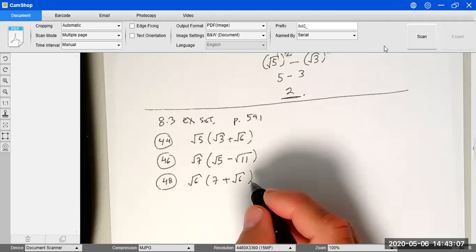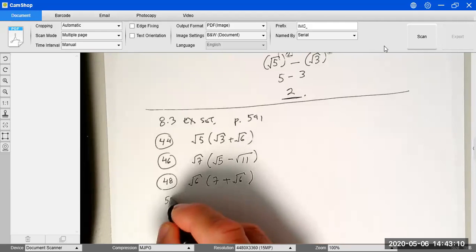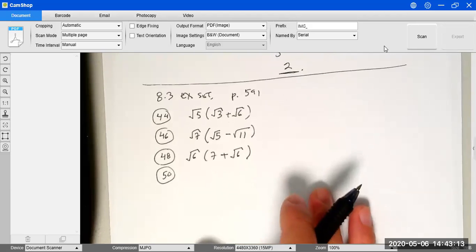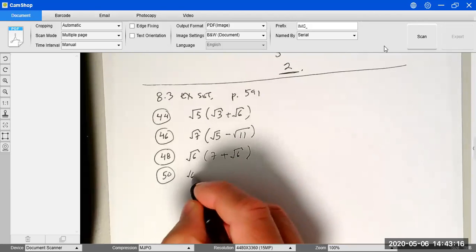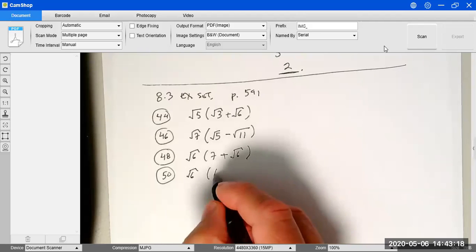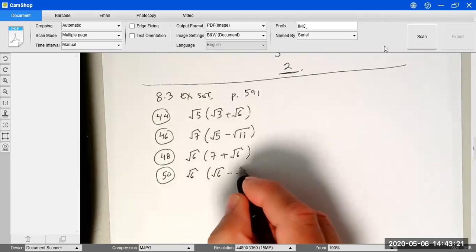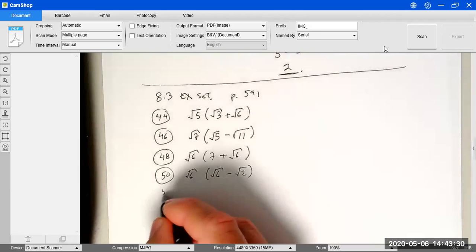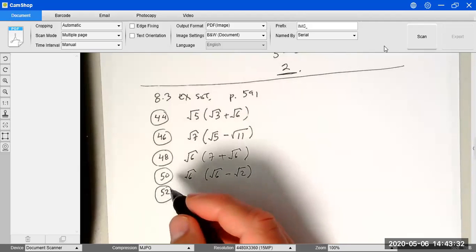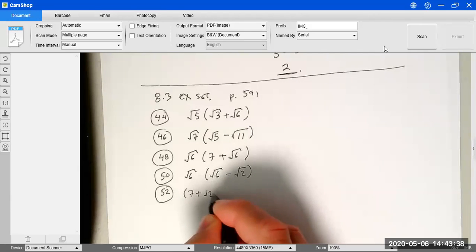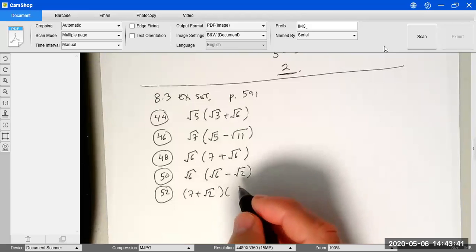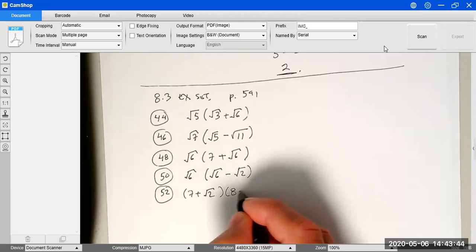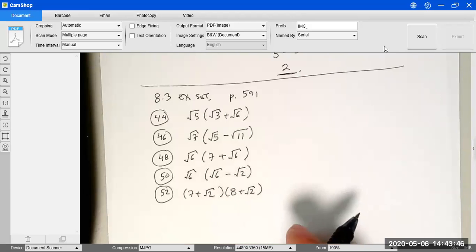Then we have 50. 50 is radical 6 multiplying radical 6 minus radical 2. Then you're going to work on 52. 52 is 7 plus radical 2 that multiplies a plus radical 2.